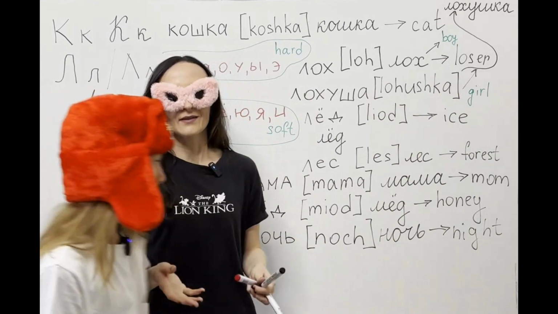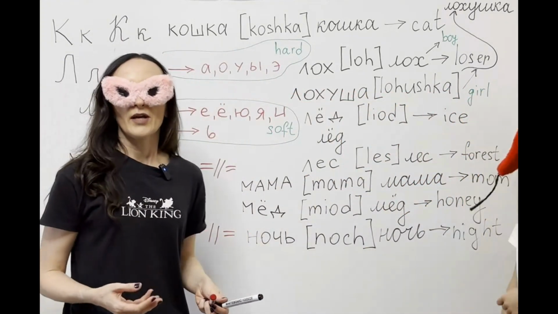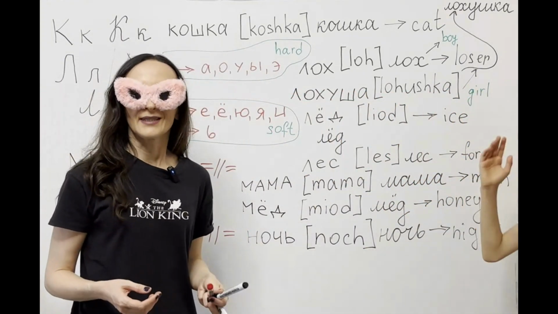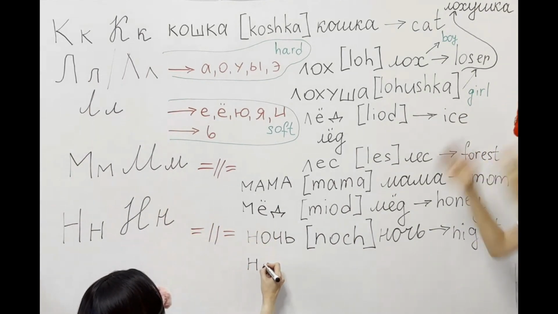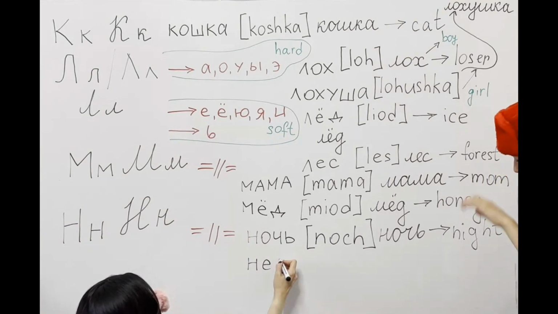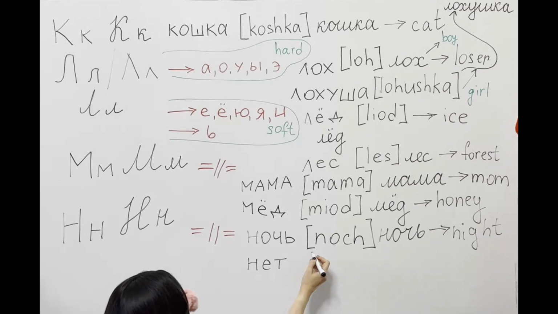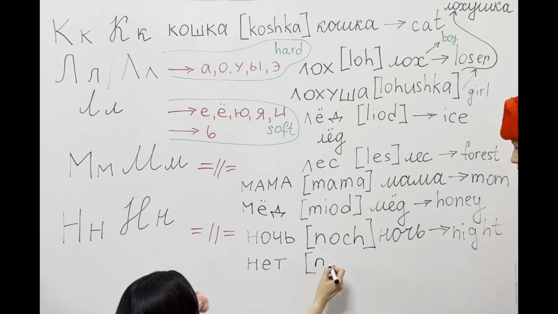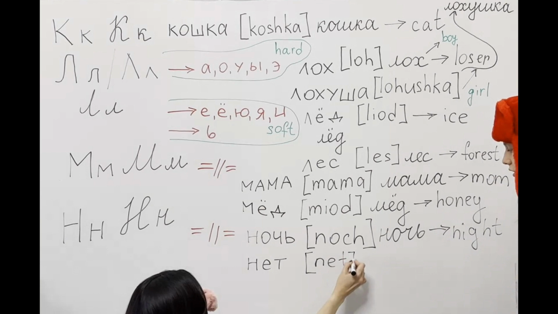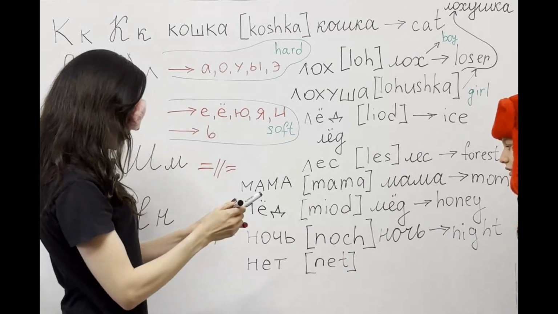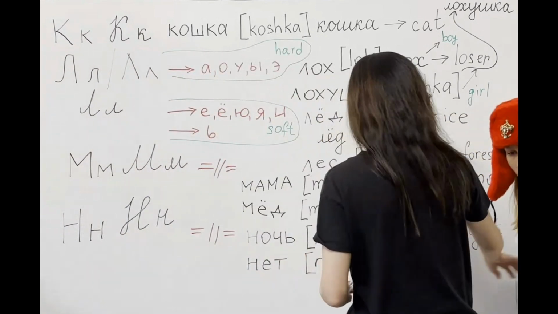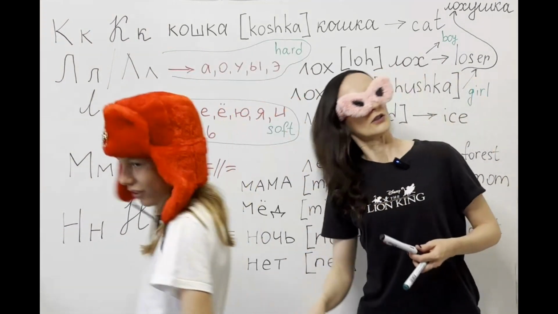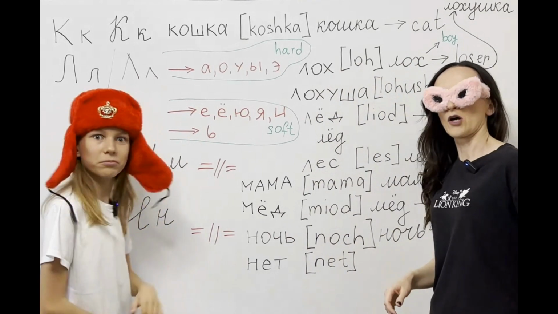And нет. This is where we have the soft N. What is нет? Нет is a no. You can say it when you don't want something. You say нет. No. I don't love honey. I don't like you, so I'm not gonna go with you.